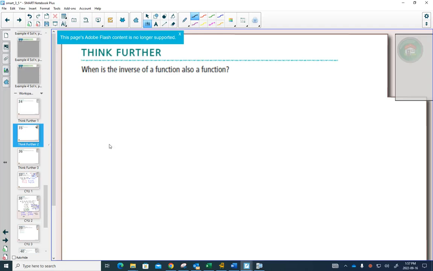Okay? So, for example, we took a parabola, and when we flipped it, it became a sideways parabola, and this one does not pass the vertical line test. So the question is there a way that you could tell on the original graph right away? I look at the parabola and go, yes, I know the inverse won't be a function.